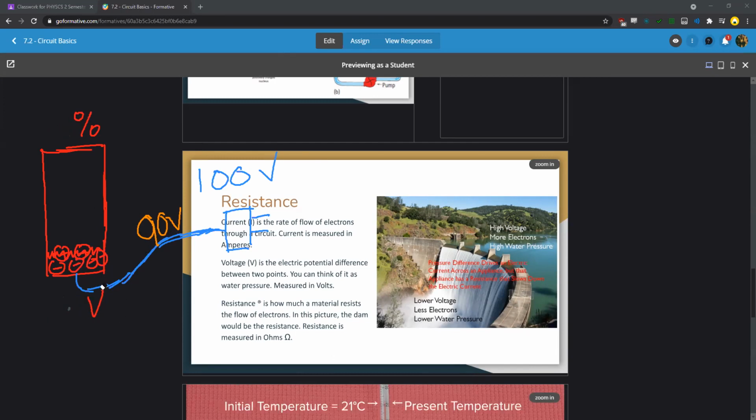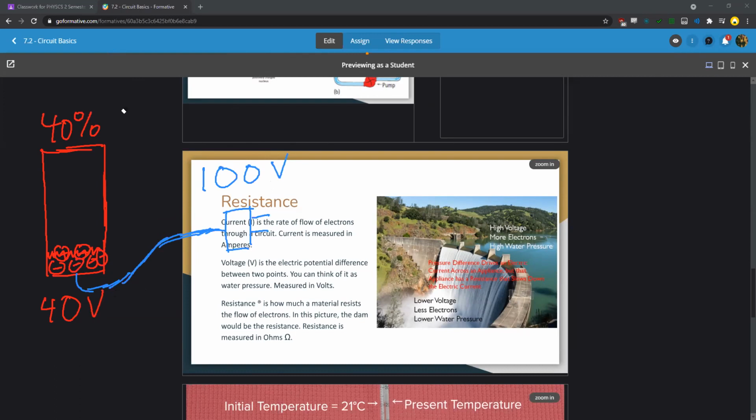Now, let's say a while later your battery is now 40%, and the voltage of your battery is 40 volts. Again, this is a hypothetical situation. Things limit the amount of volts that you get. You don't want the entire 100 volts or your phone is going to break.